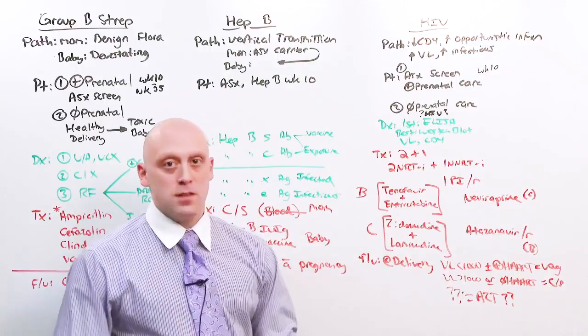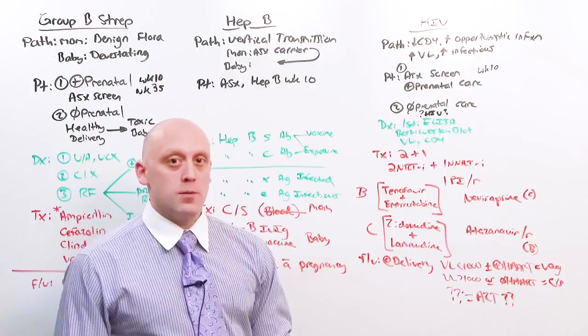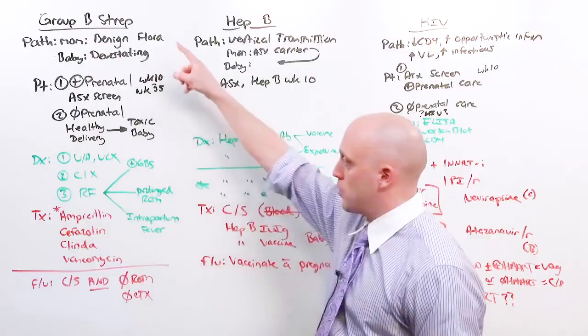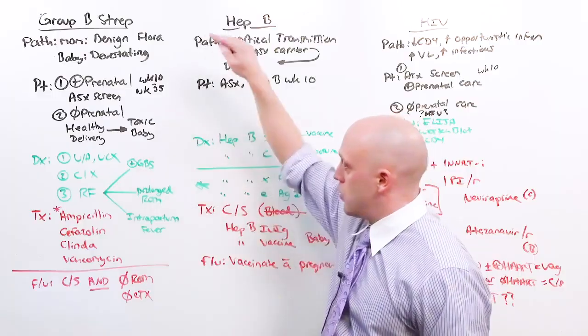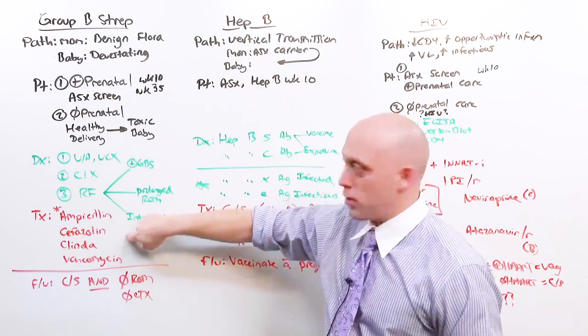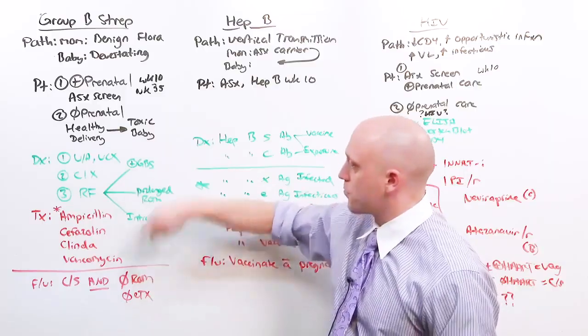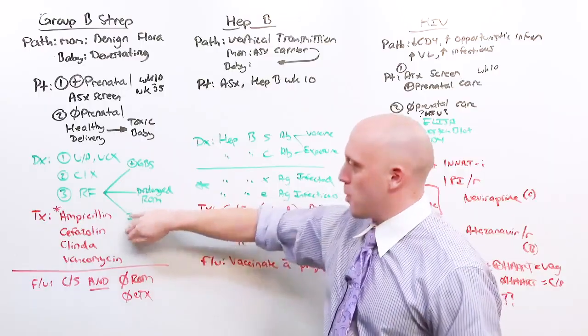Okay, in this lesson, we're learning about 3 diseases that can impact baby because mom has them, not gets infected with them. Group B strep, treat with ampicillin, low barrier to treat. If you're positive at week 10, you treat at week 10 and then treat again intrapartum. If you're positive at week 35, you treat and treat intrapartum. If you've ever been group B strep positive before, you treat intrapartum.